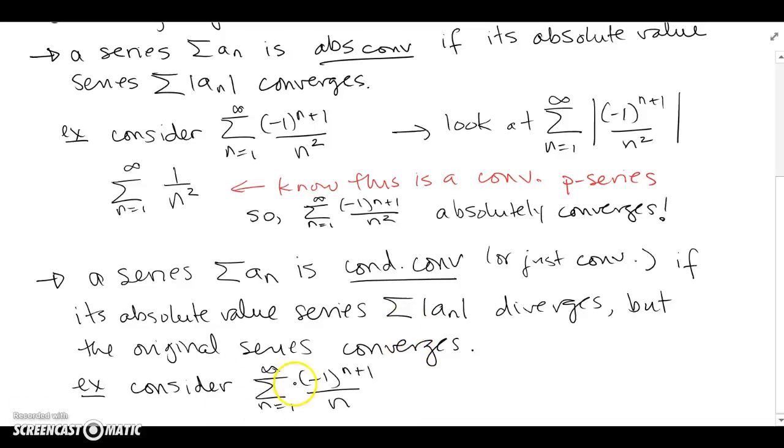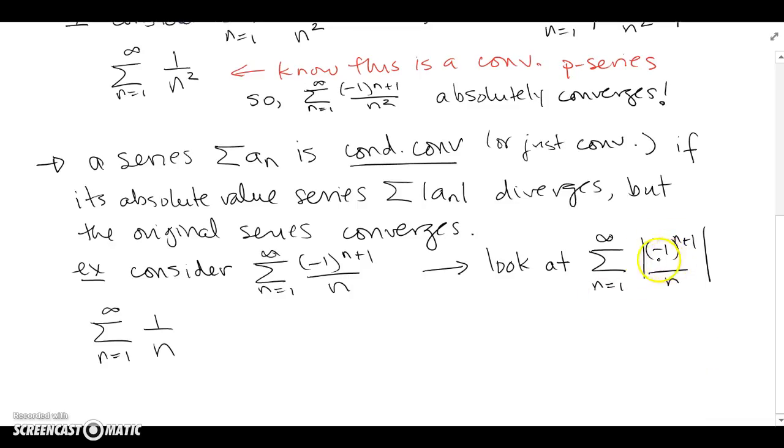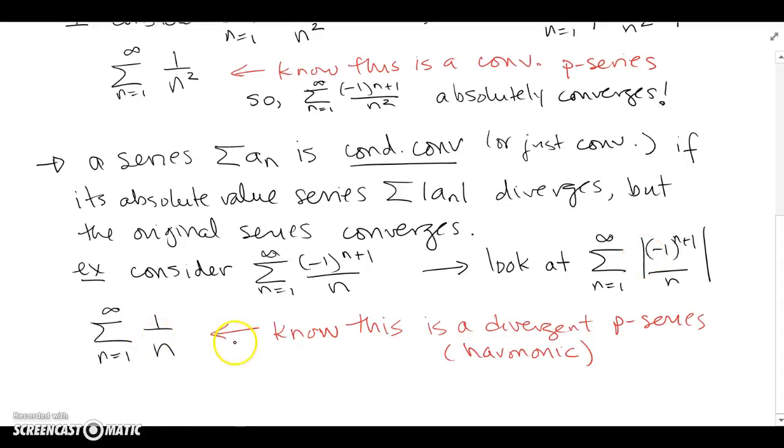So let's look at this example. This is the original series. We're going to look at its corresponding absolute value series, forcing all the terms to become positive. When we do that, we get this guy over here. And we know that guy is a divergent p-series because it's the harmonic series.